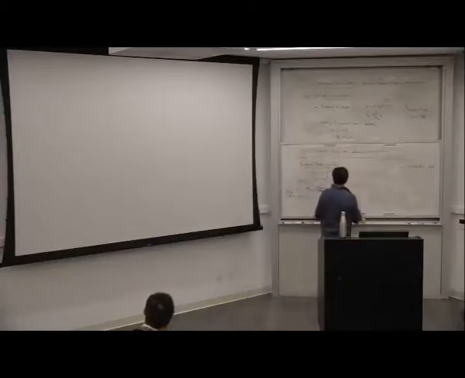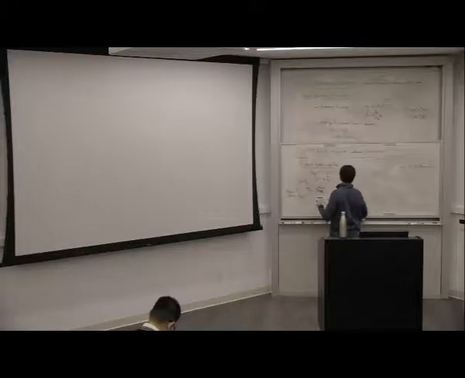So what he proved was that, okay, let's say now alpha t is d t to the minus gamma, and gamma is now between 0.5 and 1.